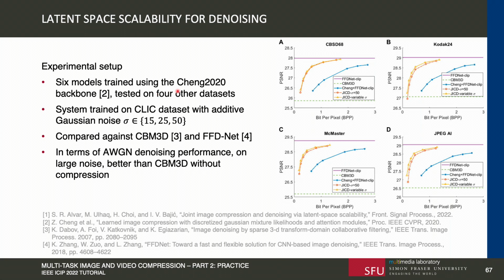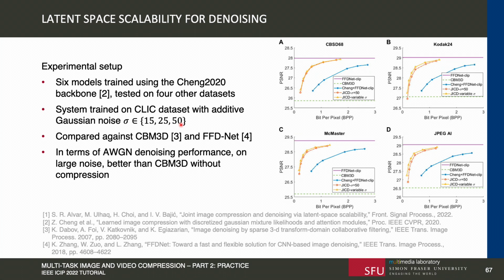The resulting system is called the Joint Image Compression and Denoising, JICD. It was trained on the CLIC dataset with 3 levels of Gaussian noise with standard deviation 15, 25, and 50. What's shown here are the results for the strongest of these, so the noise standard deviation of 50.